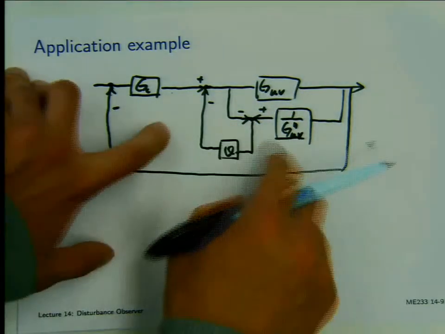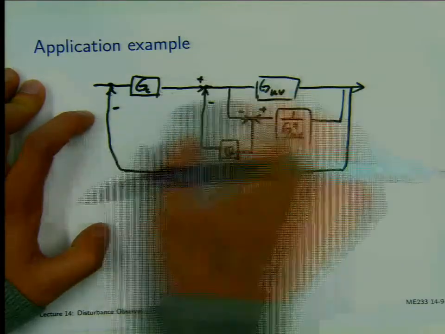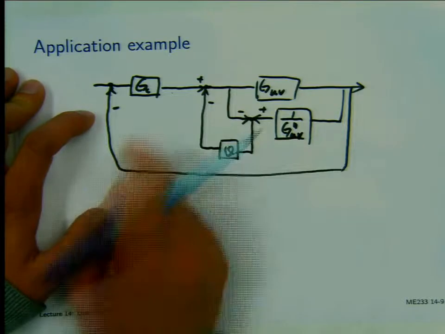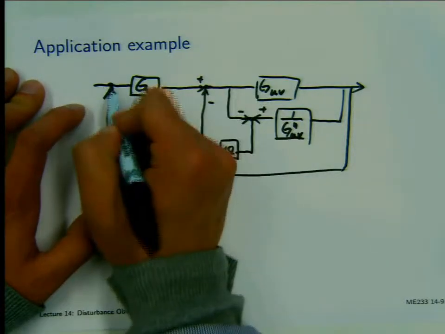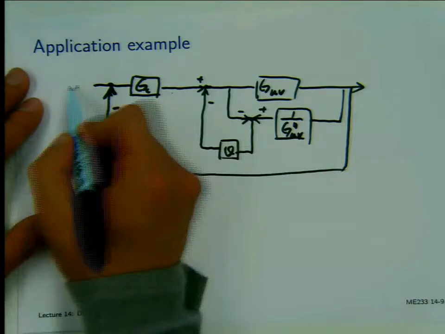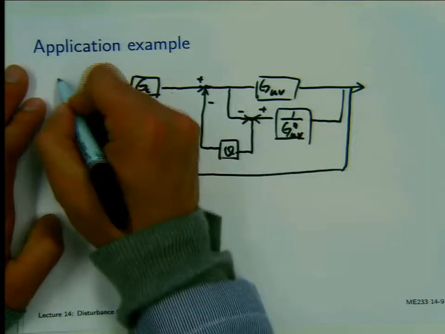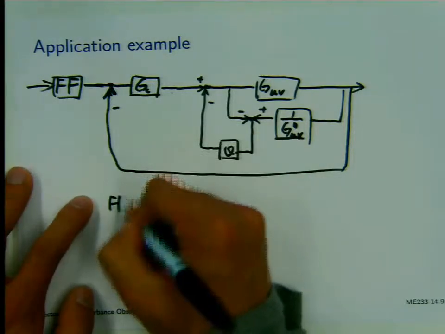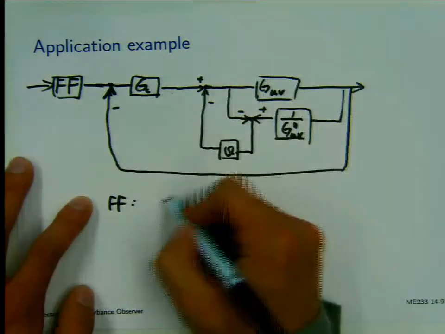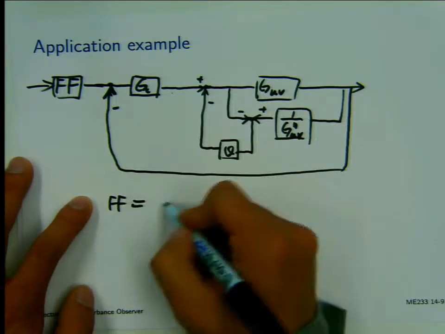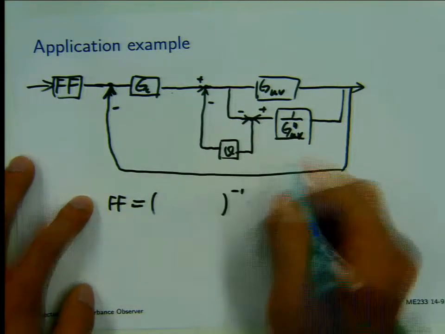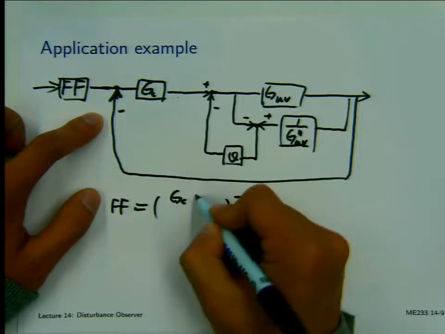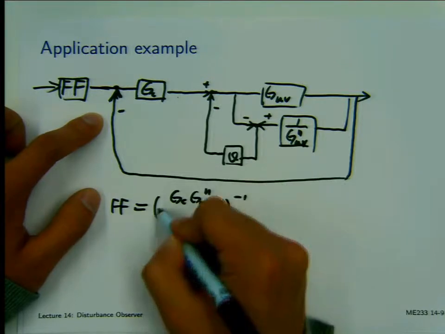Usually we implement two closed loops. The disturbance observer is the first sub closed loop system here, and then we enclose it with another feedback design. If we now need to design feed-forward controllers, we can simply let it be the inverse of this entire dynamics here. This is one of the usual ways to do this.